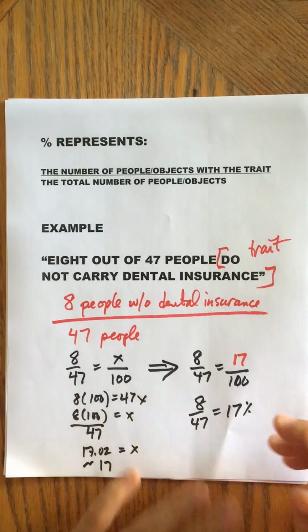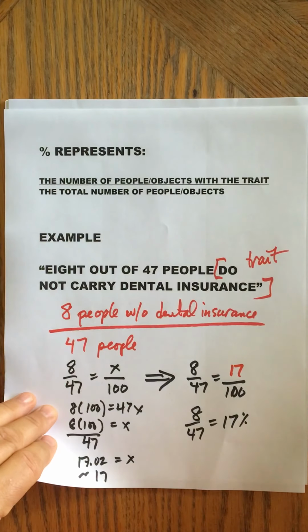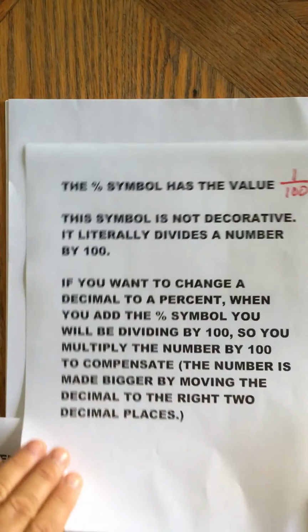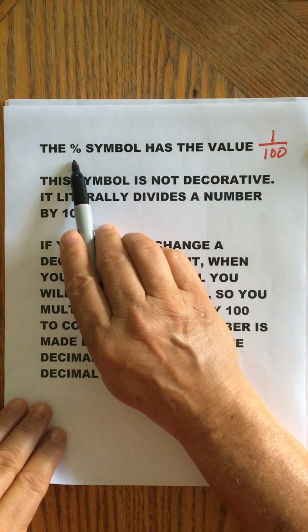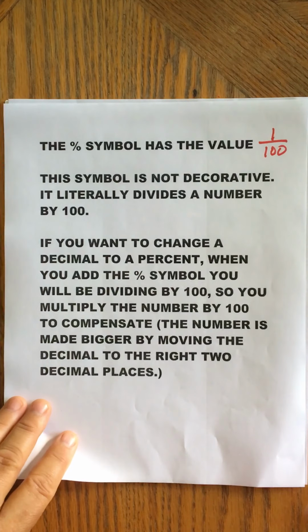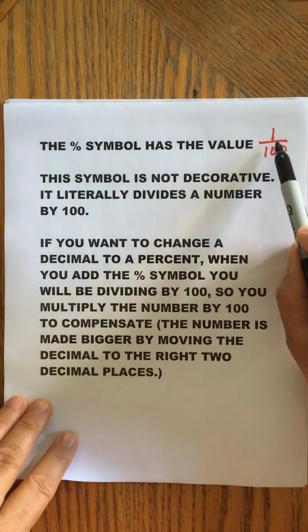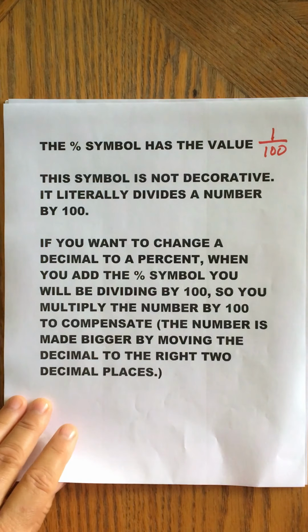Well, I don't think some people are told this, but the percent symbol, this little symbol, is not decorative. It's pretty, but it's not decorative. It literally has the value of multiplying by 1 over 100, which is the same thing as dividing by 100.